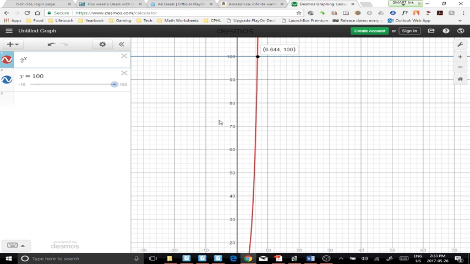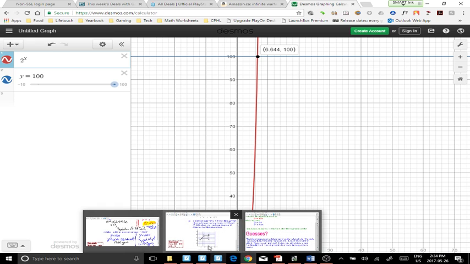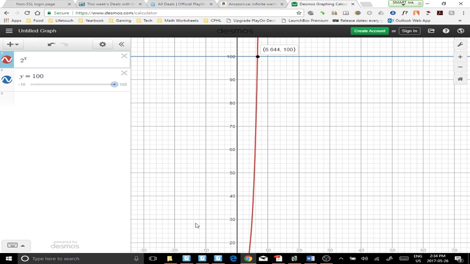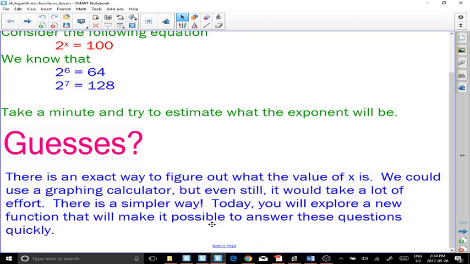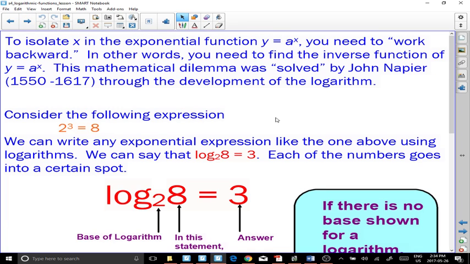But even still, we're not here just to use Desmos today. What we're actually here to do is talk about logarithmic functions. So we want to get some information on some definitions and what certain things mean. To isolate x in the exponential function y equals a to the exponent x, you need to work backward.